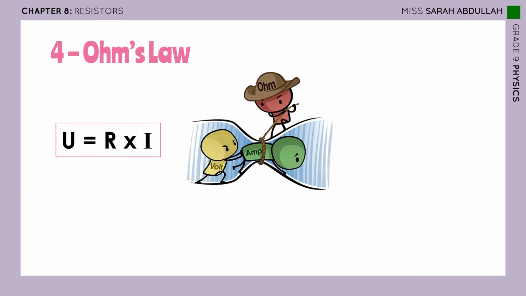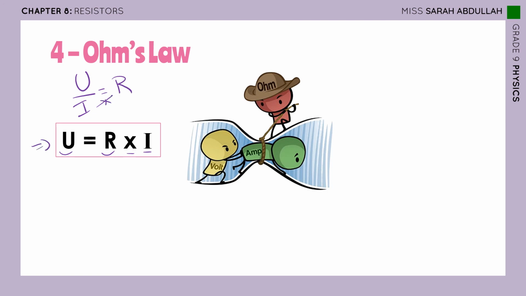So what is Ohm's law? It is simply that the voltage across the resistor equals the resistance times the current flowing through the resistor, because the relation that we got was U over I equals R. So U equals I times R.